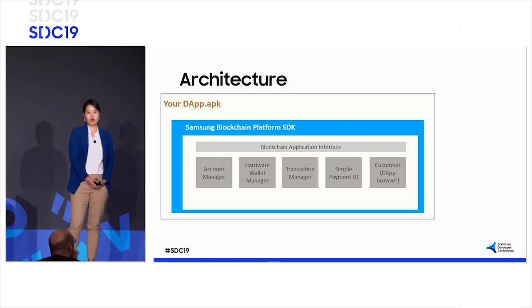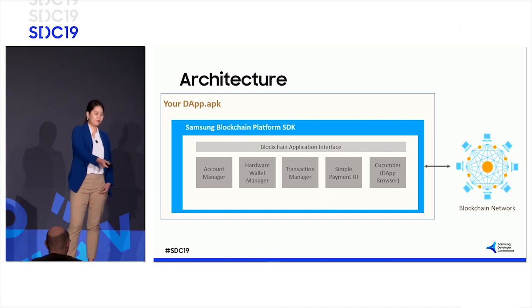Cucumber is a component name, which is a kind of DApp browser. And developers can utilize every function through blockchain application interface. Each component has its own network module, so it can communicate with blockchain network, like Ethereum.